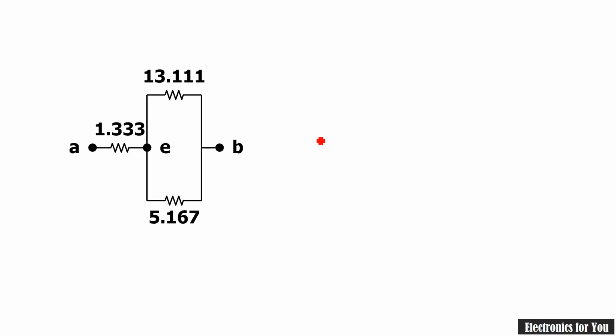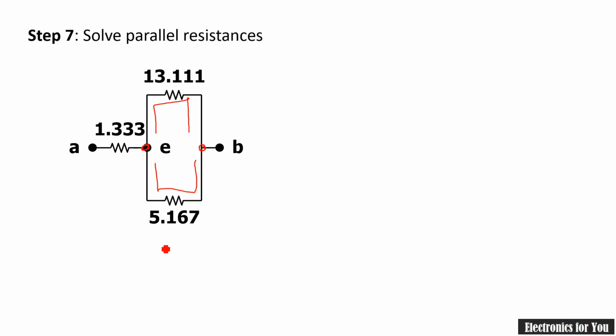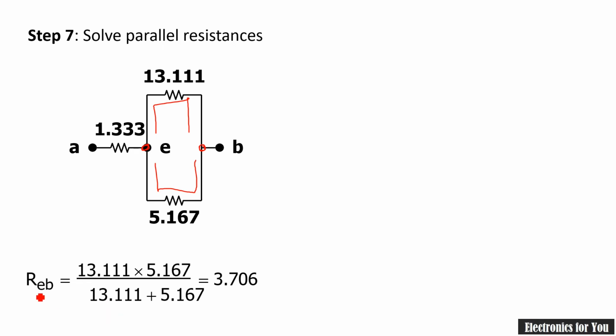Now you can clearly see that these two resistances are in parallel because they are connected across nodes E and B. Here, by using the parallel resistance formula, that is multiplication in numerator and sum in denominator, REB equals 3.706.